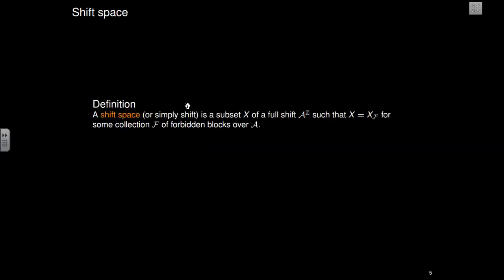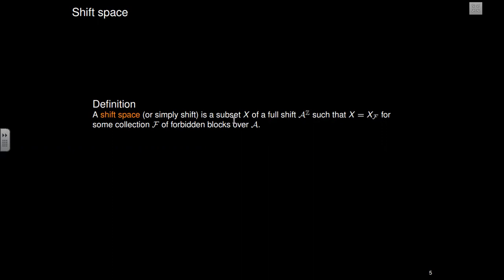Okay, what about the definition of the shift space? Another elementary example. A shift space, or simply shift, is a subset X of the full shift A^Z such that X is equal to X_F for some collection F of forbidden blocks or words over A. So we say that X is a shift space.